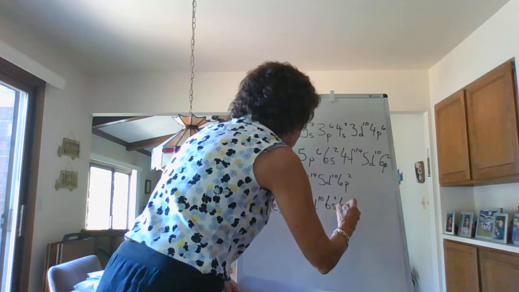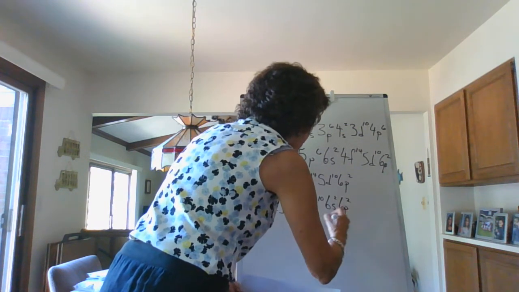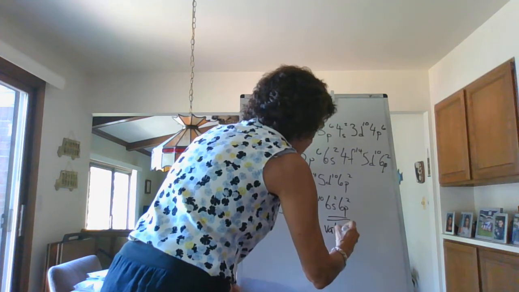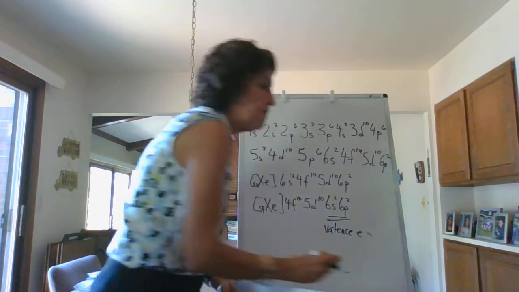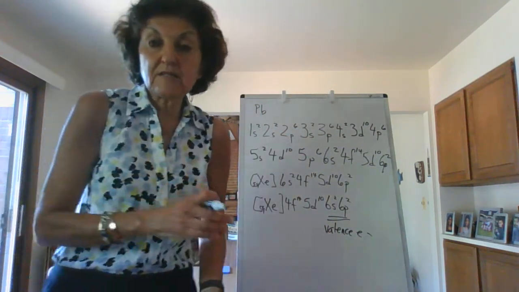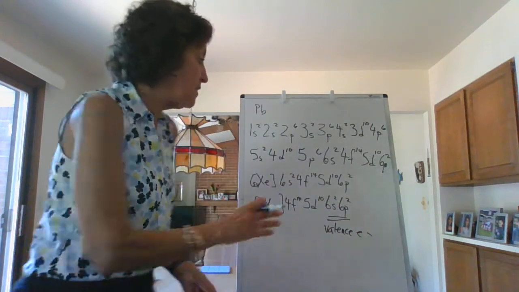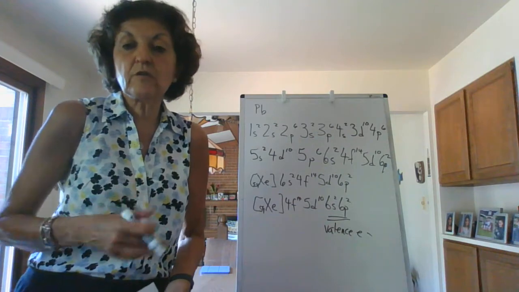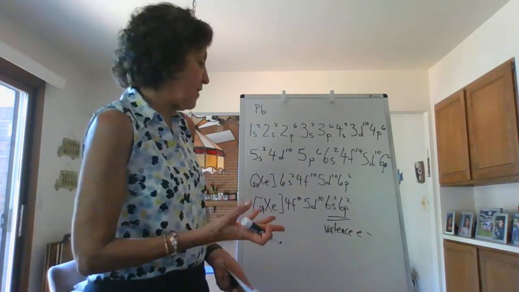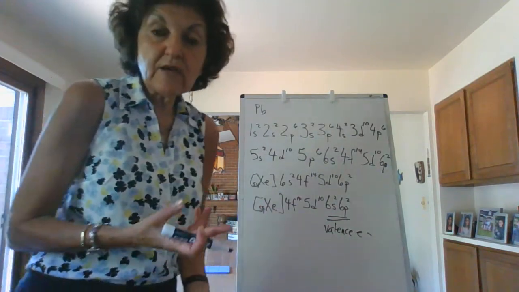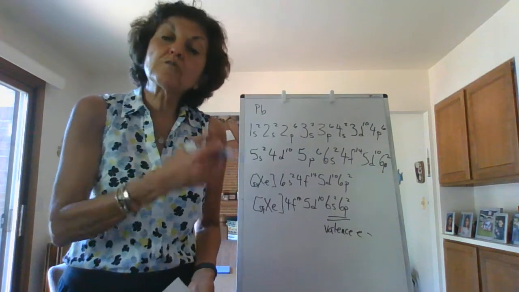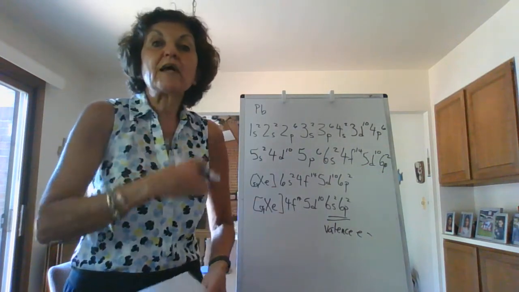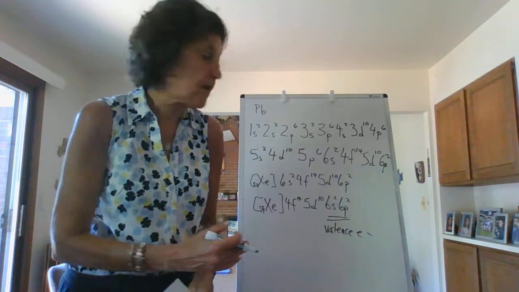Well, 6s2, 6p2, these are the valence electrons. So when they do that, they emphasize the valence electrons and remind everybody that these are the reactive electrons. These are the electrons that are going to be doing all the chemistry. It's always the valence electrons. And why are these the valence electrons? Because they're the ones in the outermost shell. They're in the shell that has the biggest number. Okay.